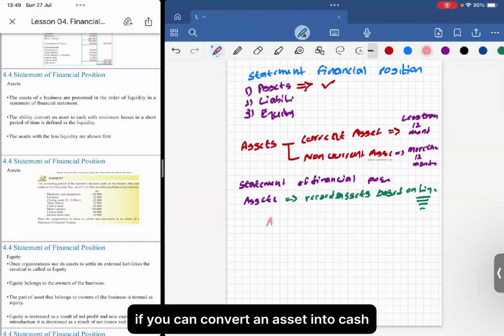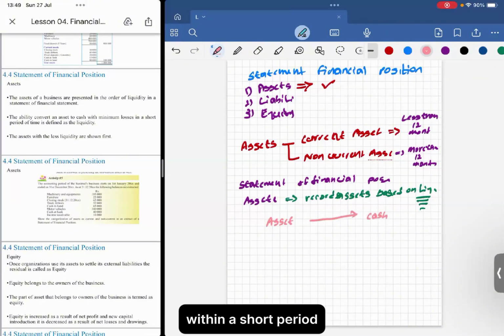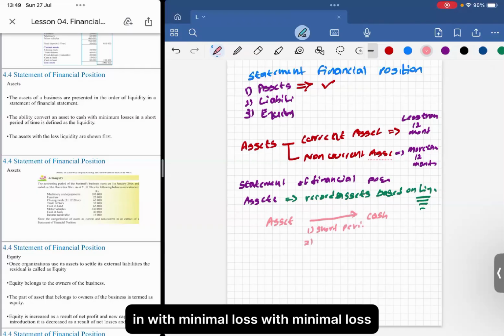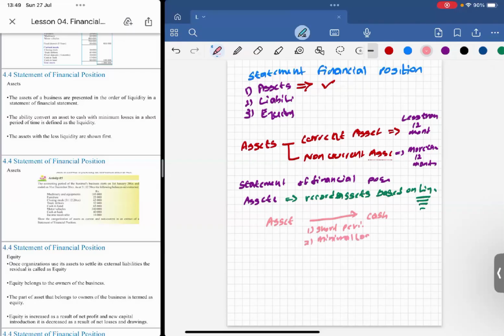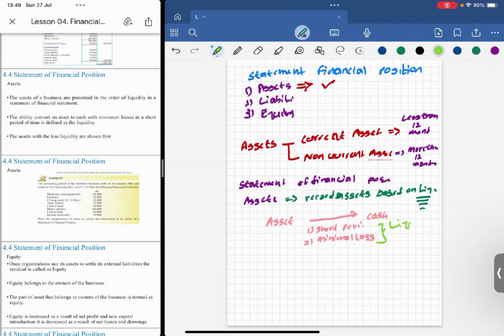If you can convert an asset into cash within a short period with minimal loss, we call it a liquid asset.